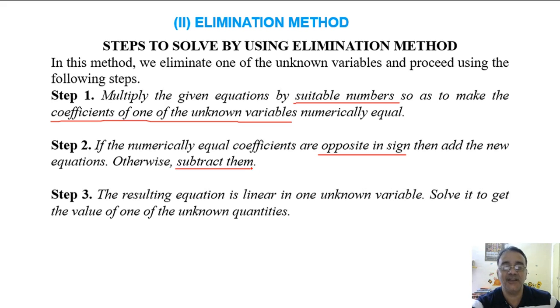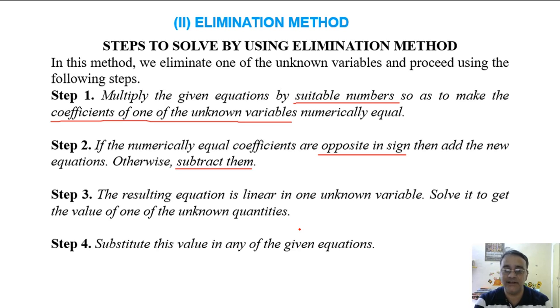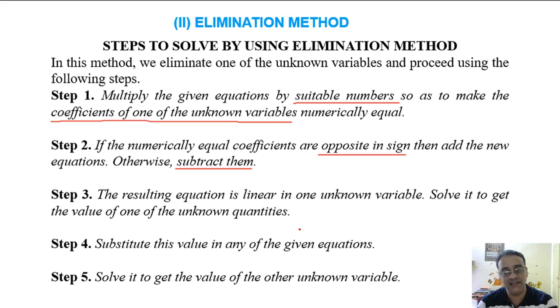So the resulting equation is linear equation in one unknown variable. अगर हम लोग y को एलिमिनेट कर रहे हैं तो x के फॉर्म में होगा, अगर x को एलिमिनेट कर रहे हैं तो y के फॉर्म में होगा. Solve it to get the value of one of the unknown quantities. Now substitute that value in any of the given equation, either 1 or 2, to get the value of other unknown variable. Method is clear to all of you?